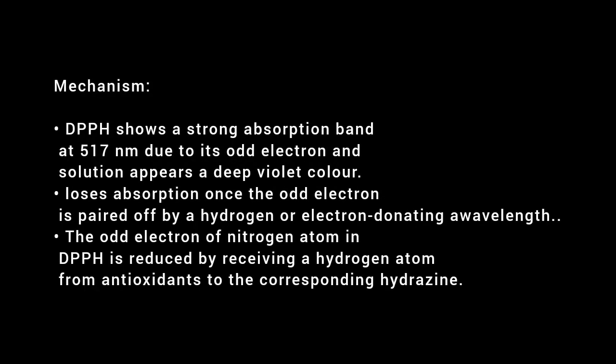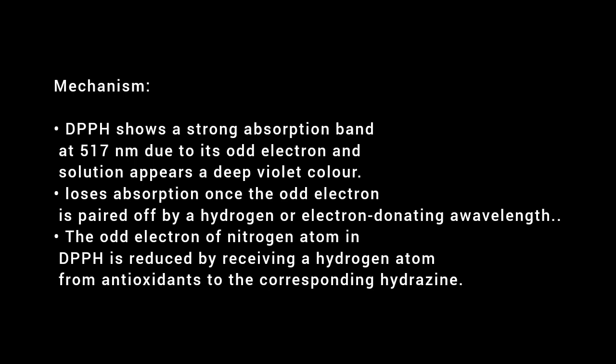Let us now briefly examine the mechanism of DPPH. So what happens is DPPH shows a strong absorption band at 517 nanometer. Now what is absorbance? Every compound on the face of this earth has a specific absorbance.